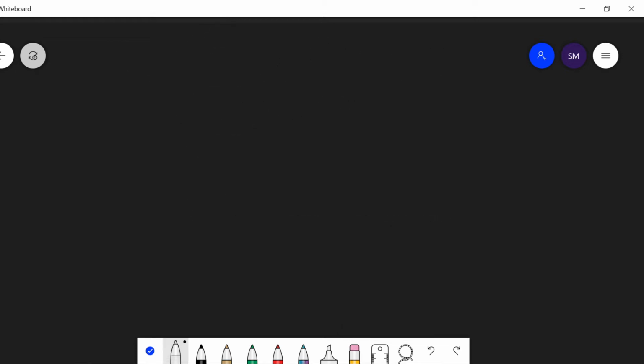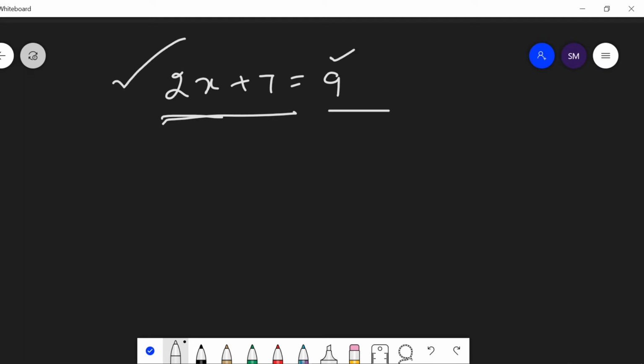When we solve linear equations, suppose the question given is 2x plus 7 is equal to 9. This is the given linear equation. When we solve it, at first put the variable side in the LHS. This is called the LHS and this is called the RHS, left hand side and right hand side.